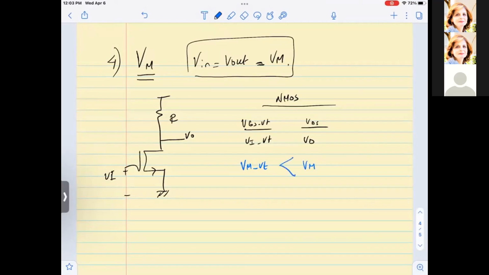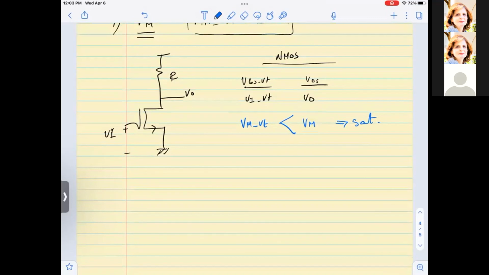And this is definitely larger and therefore I am in the saturation region irrespective here of what the value of VM is. هونيك كنا عم نقول let us assume that VO is small and we pick the region. أنا ما بدنا نعمل double guessing، طبعا نعرف إنه it should be designed, but هون irrespective if it is designed well or not, VM is greater than VM minus VT.